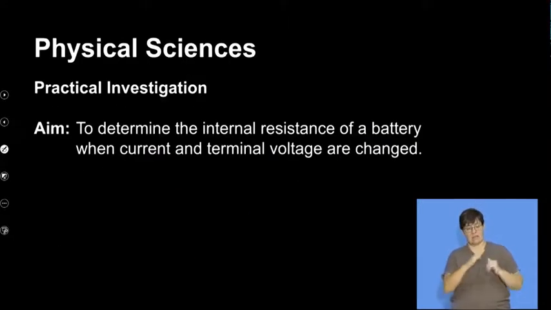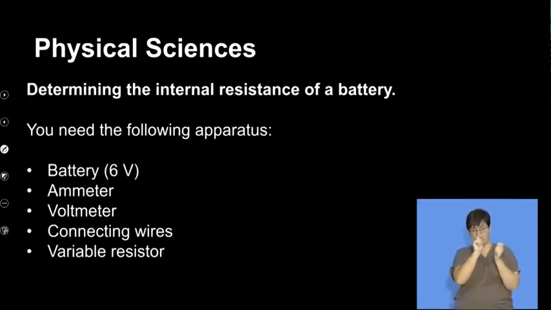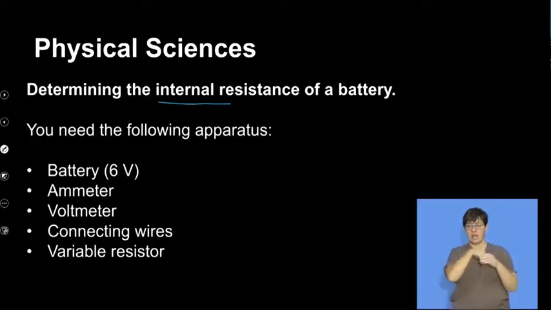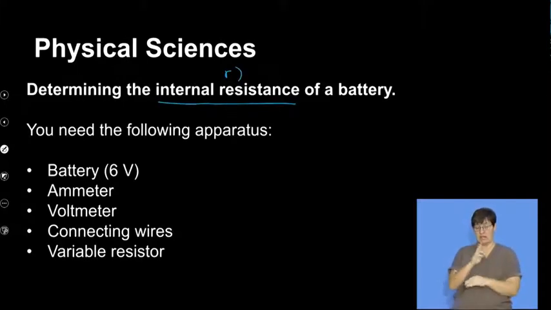So let's go back to our practical now and do the investigation, so that we are able to determine the internal resistance of a battery when we change current, and then we measure the terminal voltage across the battery. What do we need to set up this simple circuit so that we can determine the internal resistance of a battery, which is our small letter r?